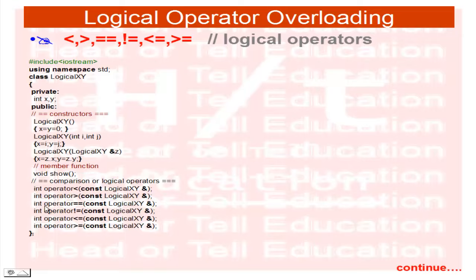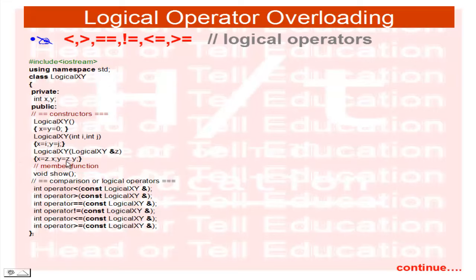The operator keyword is used for this, and next is the operator I have to overload, meaning less than, greater than, equal to, not equal to, less than or equal to. The input parameter of all is const, the class name logical xy, and the address operator, meaning a reference. So all the parameters have a class reference object as a parameter. So this is the blueprint of the class, or class definition.